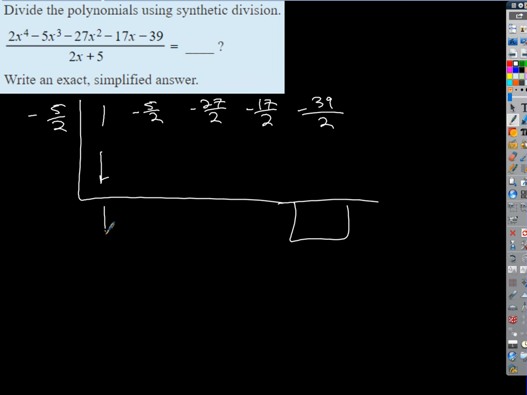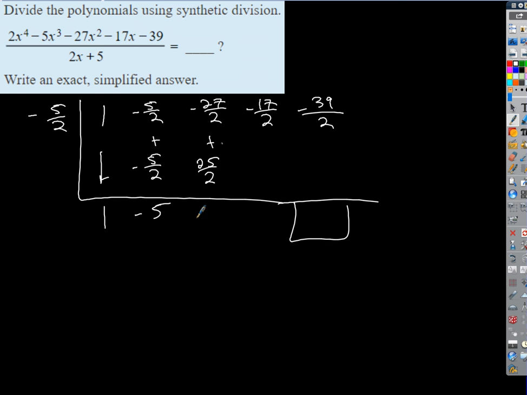1 times negative 5 halves is, if I add those up, I get negative 10 halves. So what is that? Yeah, good. Okay. Negative 5 times negative 5 halves is positive 52 halves, which is 26.